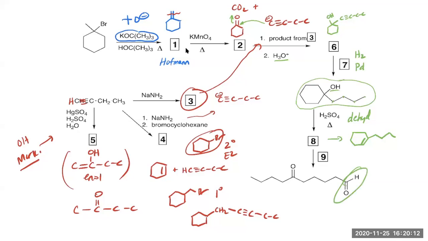An OH if it was KMnO4. Yep, very good. Yeah, we see an aldehyde, right? And if it was KMnO4, it'd be a carboxylic acid. So we know this is ozone. And the second step is you can use zinc, or your book uses dimethyl sulfide, whatever. We know it's ozonolysis.